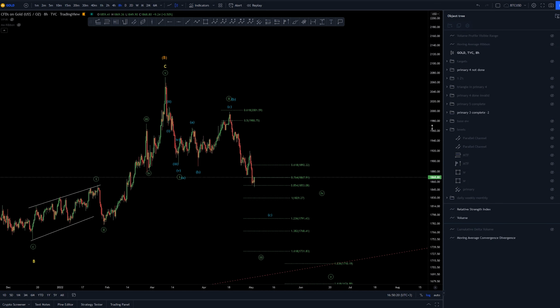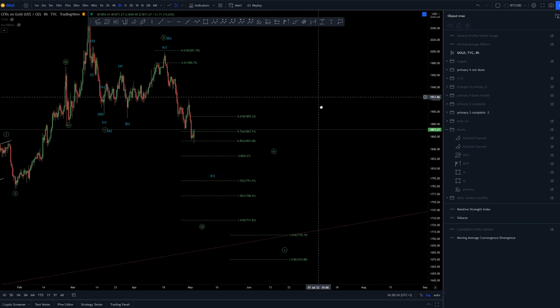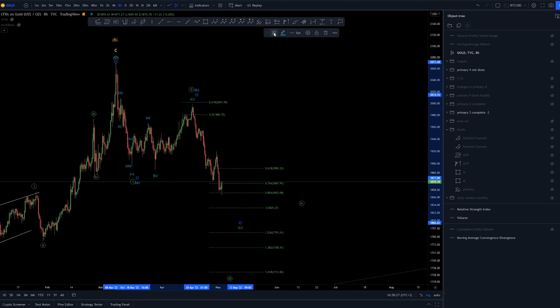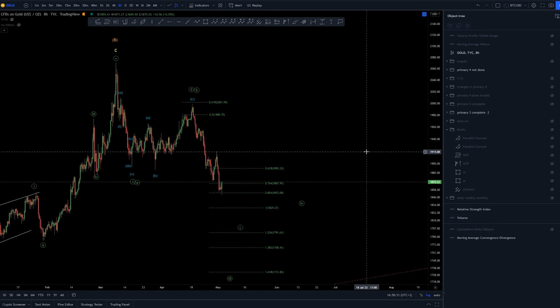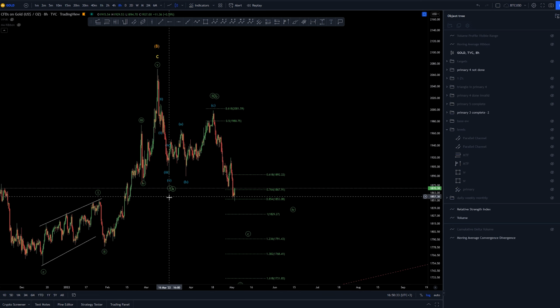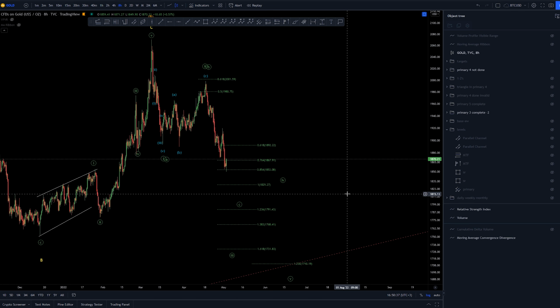Here we are expecting quite a bit more downwards movement. We have two different options here. Again, this is actually minute. So again, we can have 1, 2, 3, 4, 5.